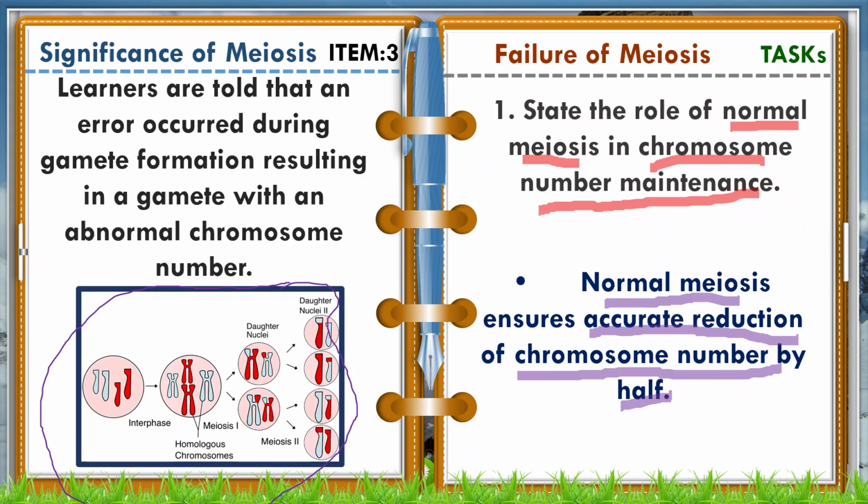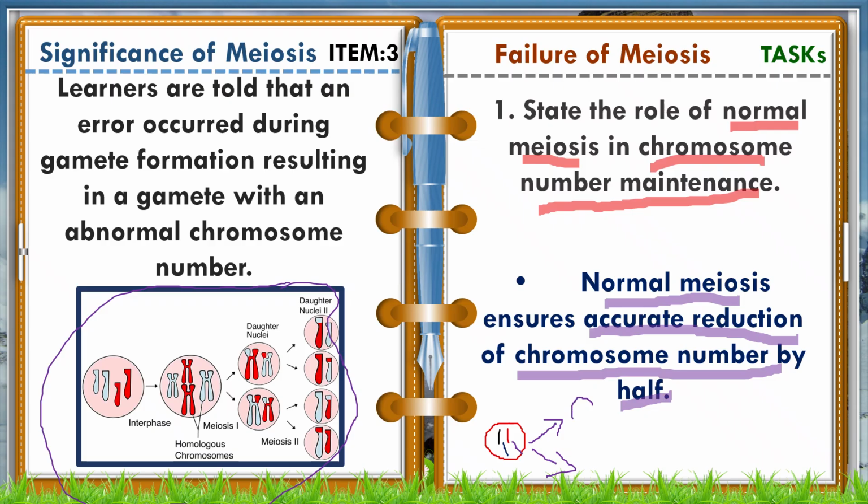So in this abnormality, for example, if I have a cell here with chromosomes, chromosome 1, another chromosome here, and another here, and these are homologous chromosomes, and this cell is undergoing cell division and forms two cells, we know that the number is going to be a half.